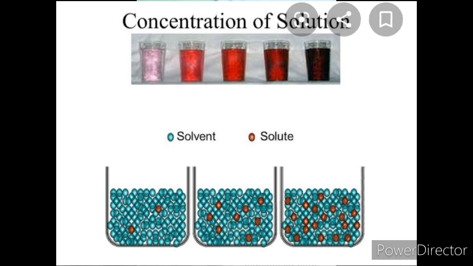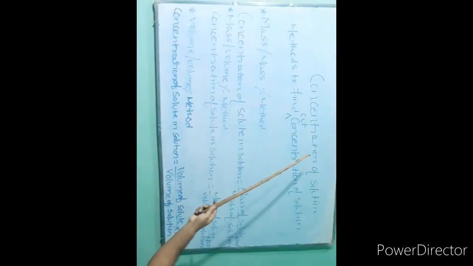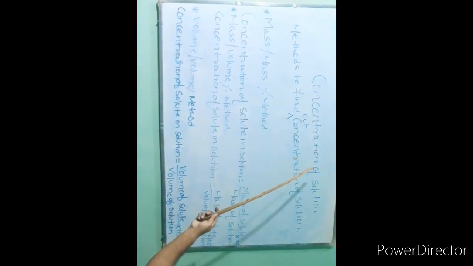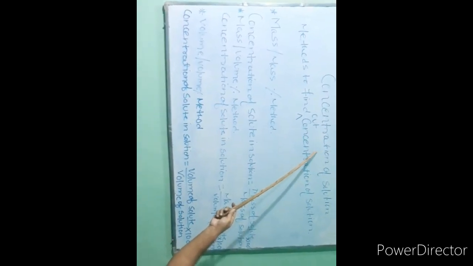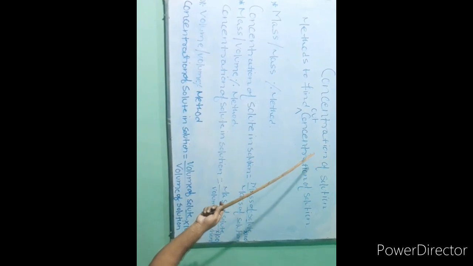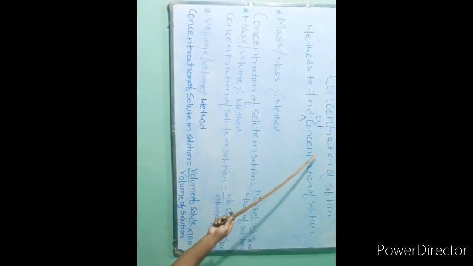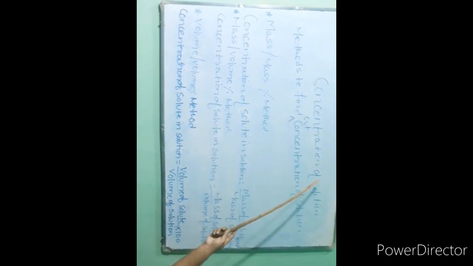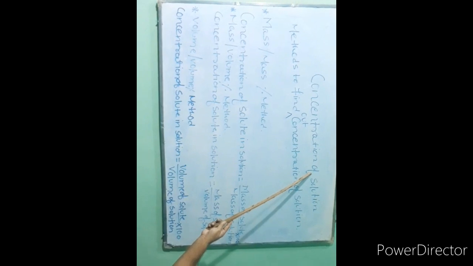What is the concentration of solution? The amount of solute present in a given solvent or in a given solution, or the volume of solute present in a given solvent or in a given solution, is called the concentration of solution.